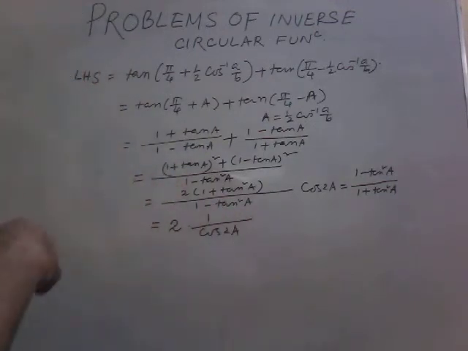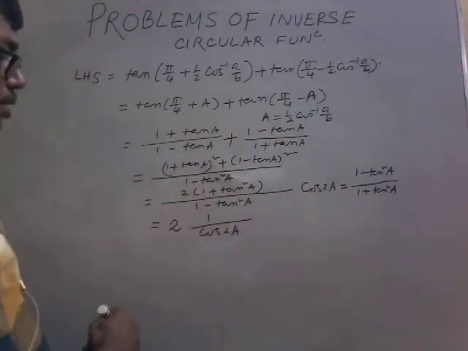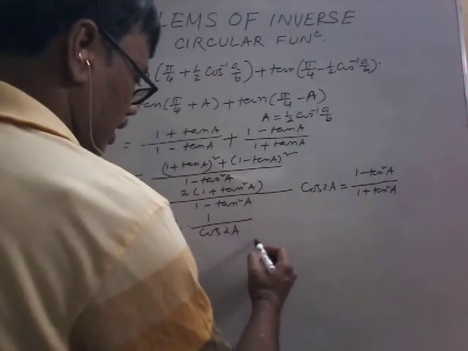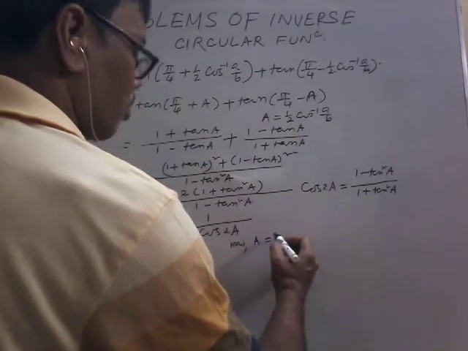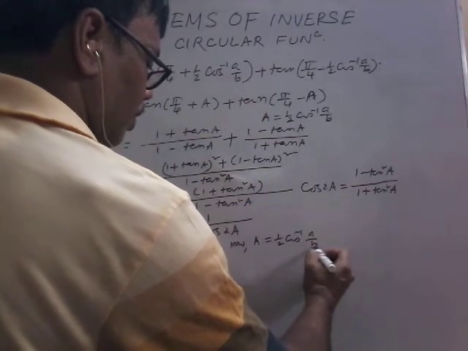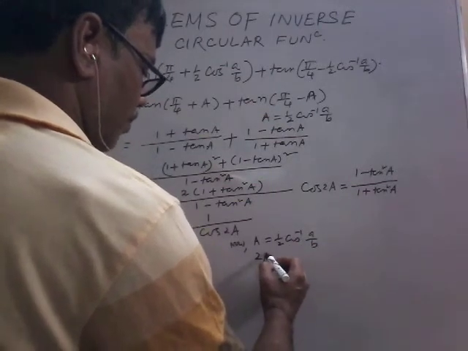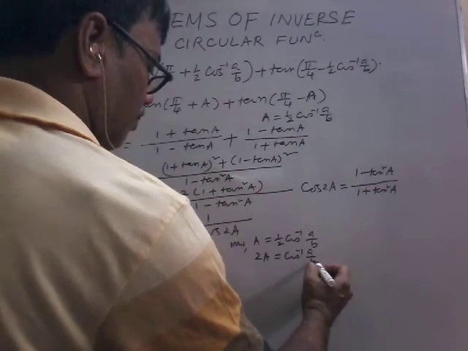Now, A equals half cos inverse a by b, so 2A equals cos inverse a by b.